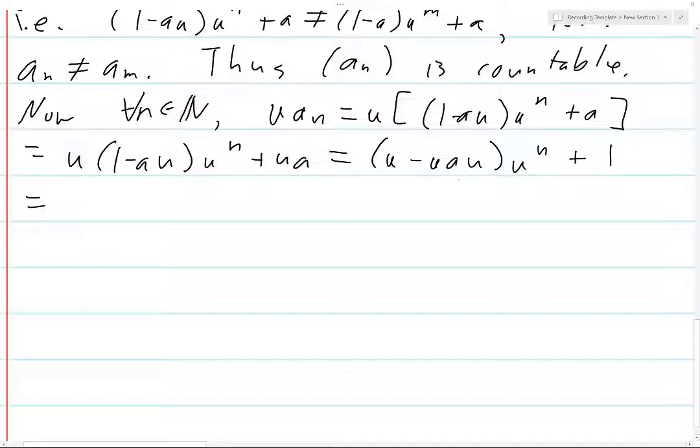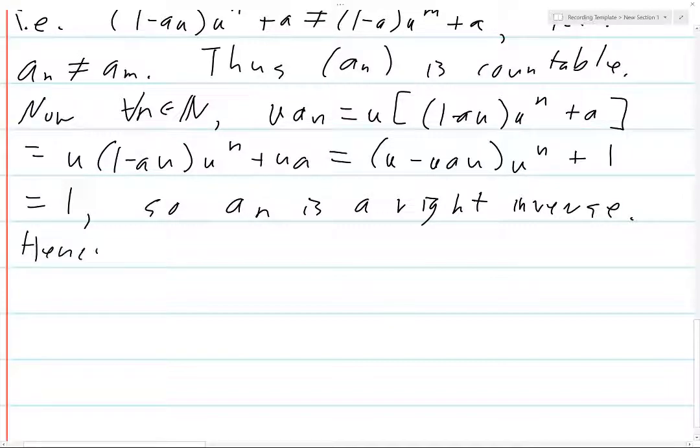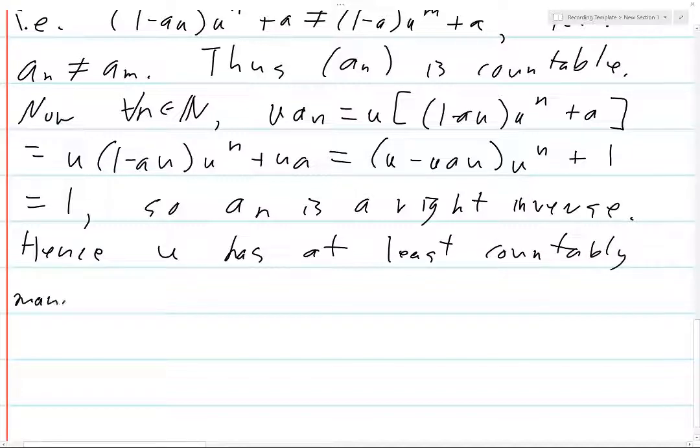And of course the ua on the inside becomes a 1, and so that becomes a 0, so this is equal to 1. So a_n is a right inverse. Hence, u has at least countably many right inverses.